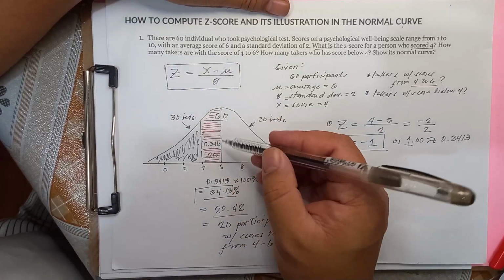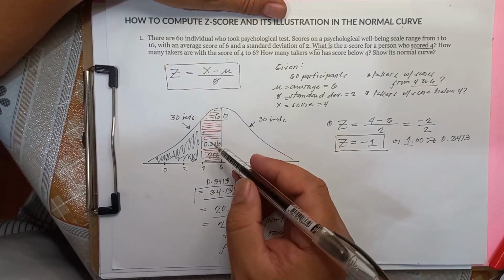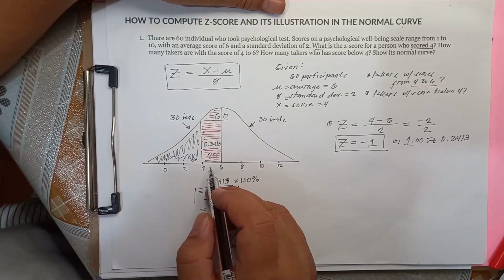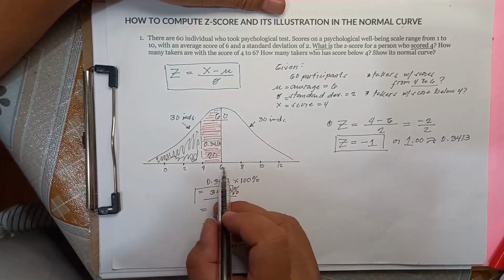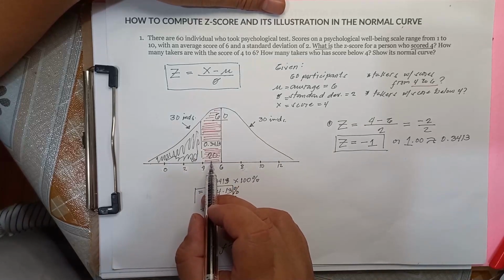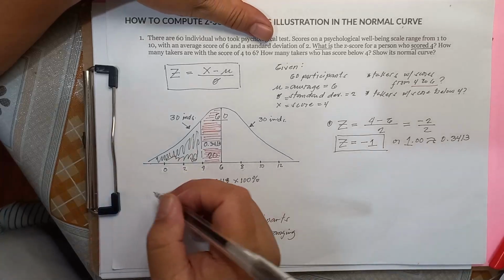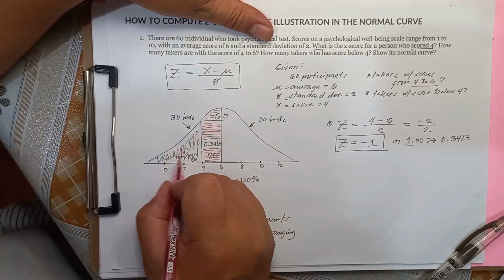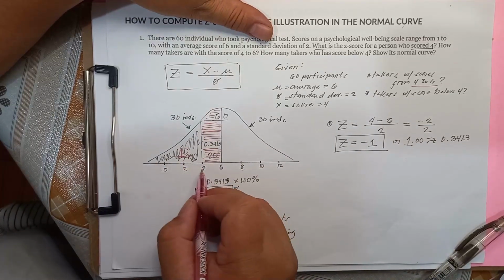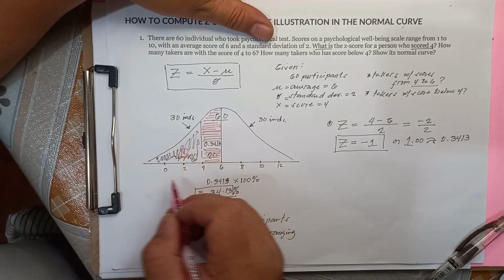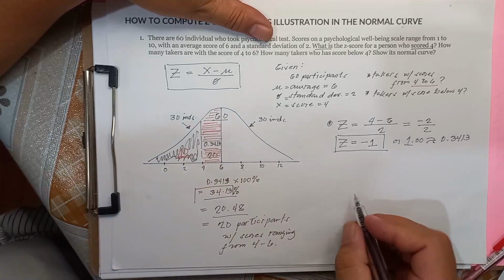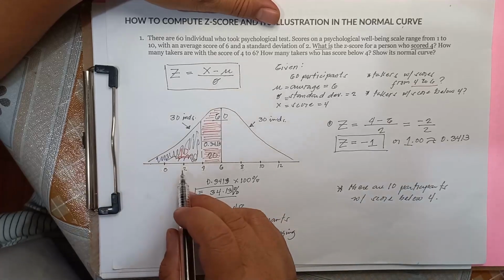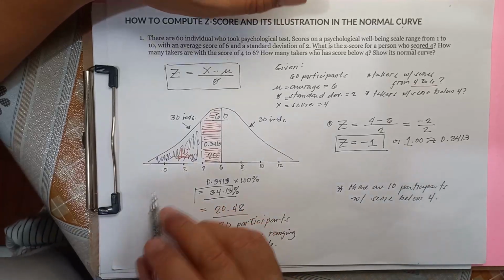So if the half of this curve is 30 and there are already 20 participants who took the score from 4 to 6, the remaining number of takers is what? There are 10. The 10 participants are located in here, which is below the score of 4. So their scores might be 3, 2, 0, and or 1.